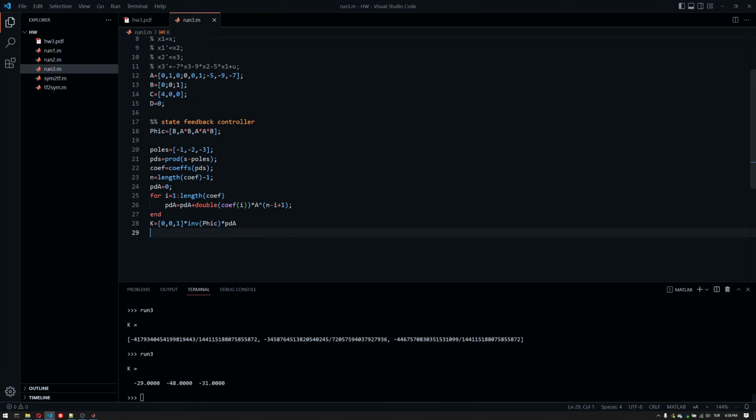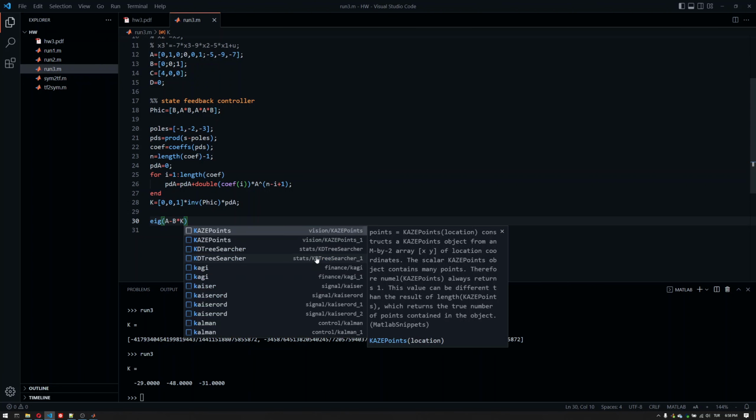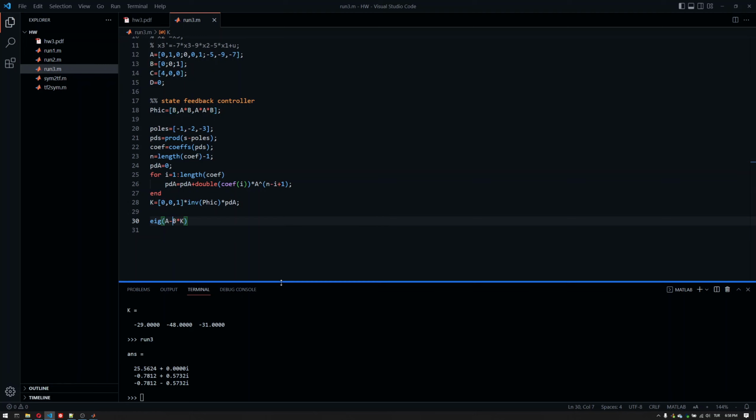Okay, now how can we check if this is basically a valid controller, or if we didn't mess up? Well, we have to look at A minus BK here, or I guess in this case maybe plus here.